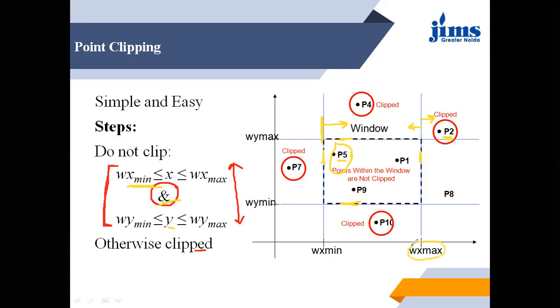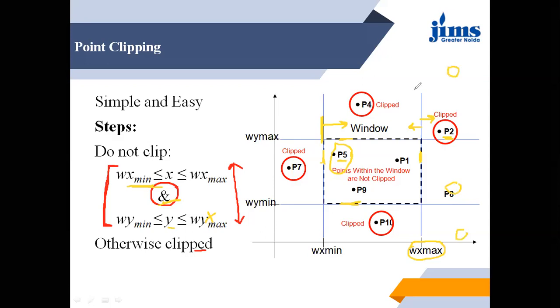If this is outside the window, then there is no need to check the second condition. It means the point is outside, either it will be over here, over here, or wherever it is.